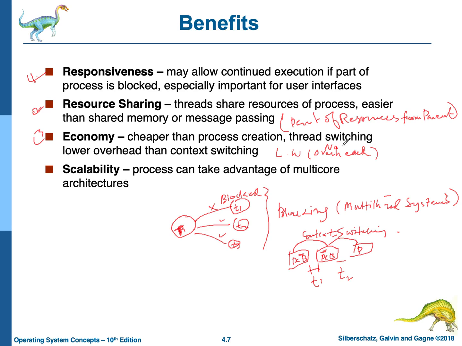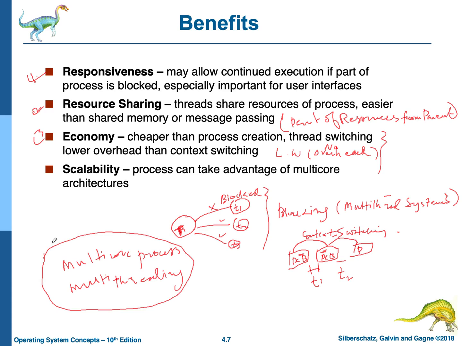So it is cheaper than process creation, and thread switching has lower overhead than context switching, right? So low or maybe no overhead of the context switching. So this is an economical approach. Also the scalability: if you have a multi-core processor with multi-threading, then such a system is very much scalable, right?